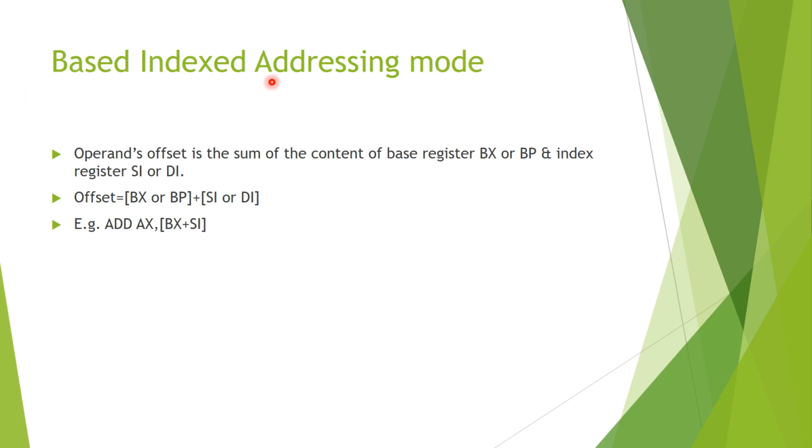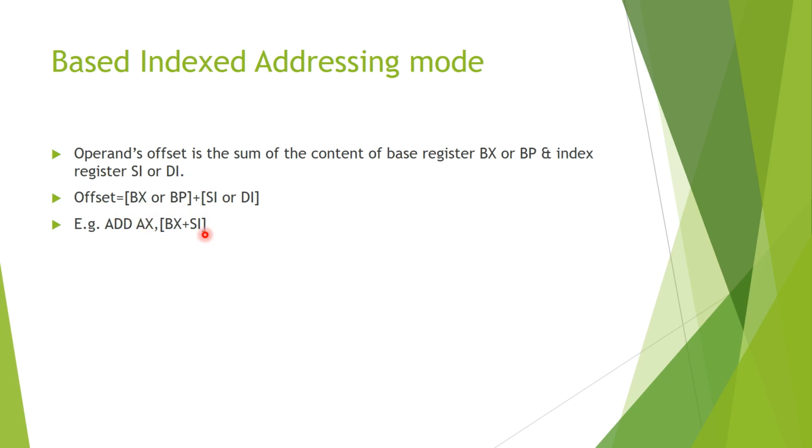Then we have the base indexed addressing. So in this what we did is base plus index. The offset is the contents of the base and the index. So it is the base register or the base pointer register and the index register, that is the source index or the destination index. So the offset is either the contents of BX or BP plus the contents of SI or DI.